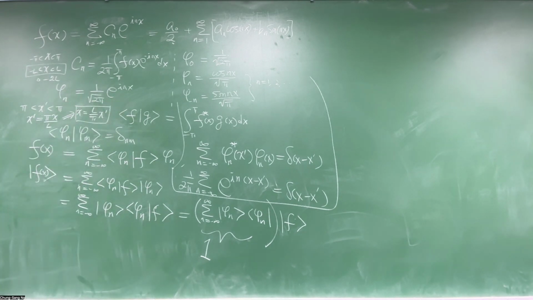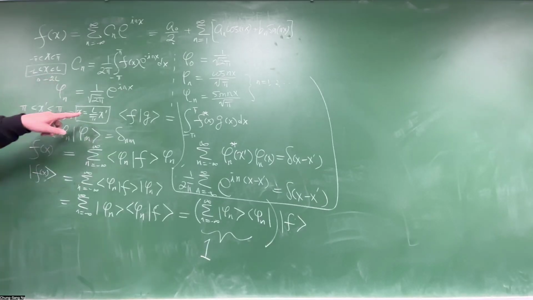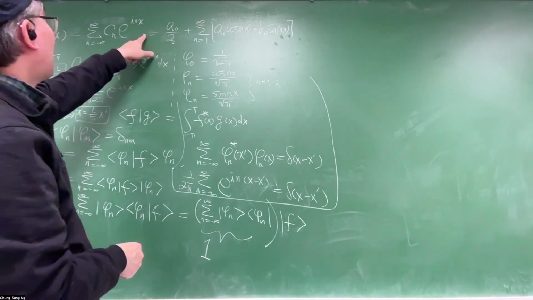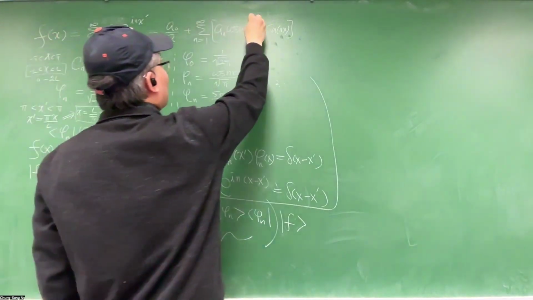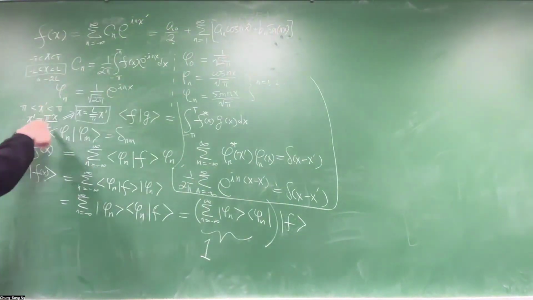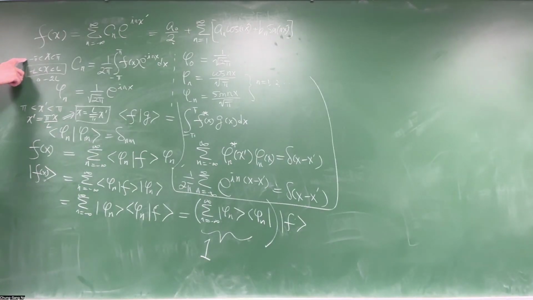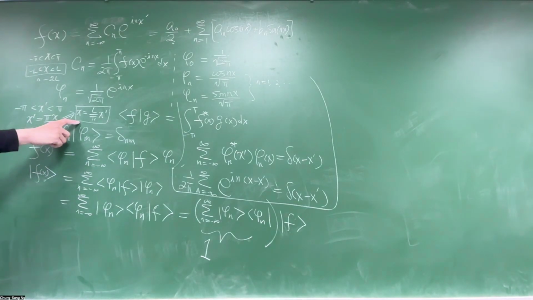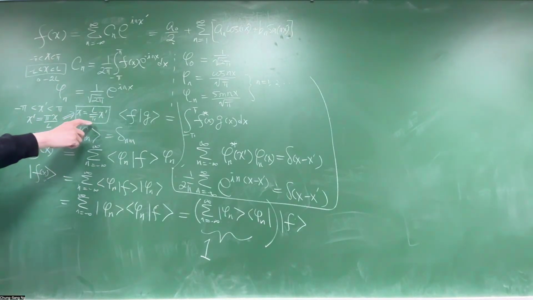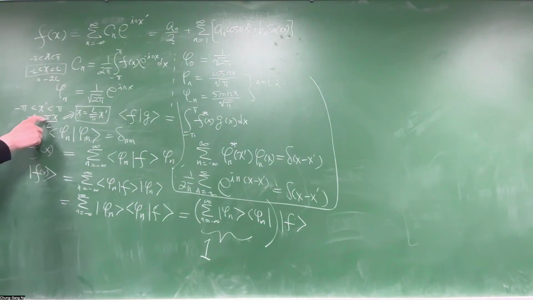So if you want a formula using x instead of x prime, remember we changed all this to x prime, because x prime is the first case, x prime is from minus pi to pi. That's our first case, but we want to use x, so we define x as L times x prime over pi, or x prime is pi x over L, right?